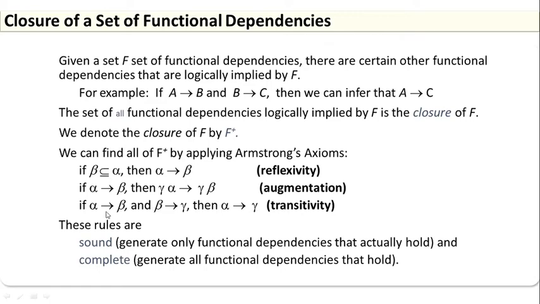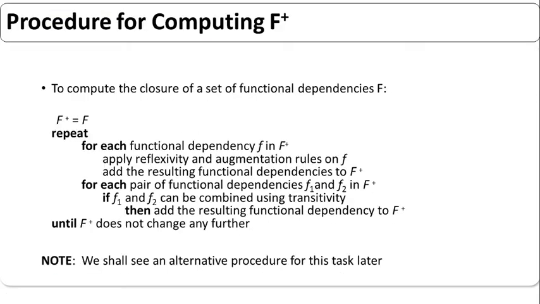Then if alpha determines beta and beta determines gamma, then alpha determines gamma. That is transitivity. These rules are sound, meaning they generate only functional dependencies that actually hold, and complete, meaning they generate all the functional dependencies that hold.